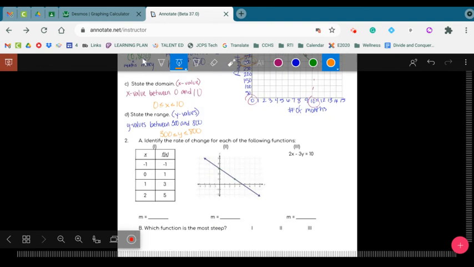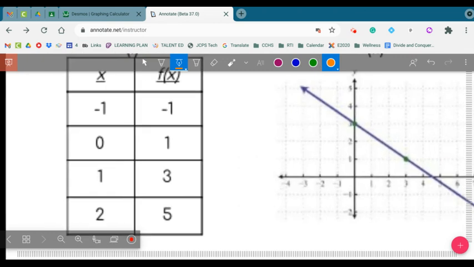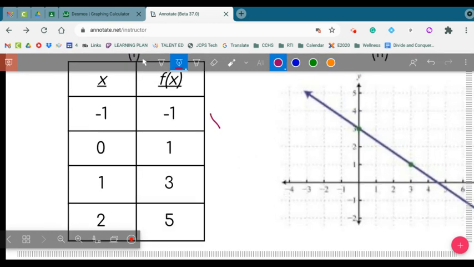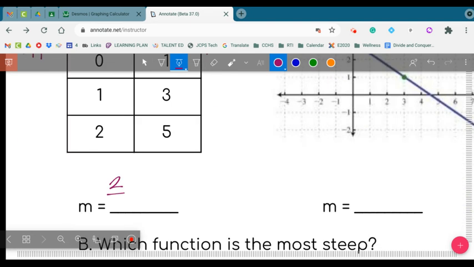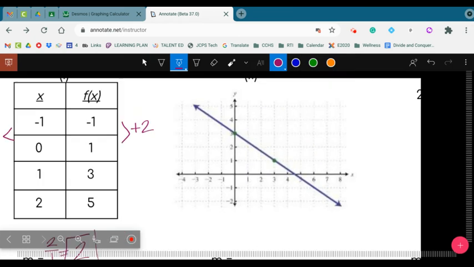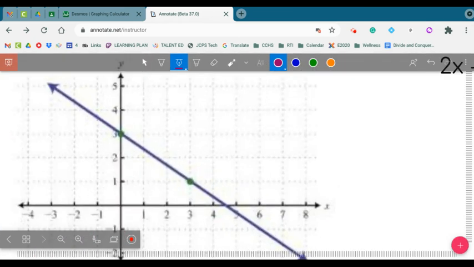Moving down to our last review where we have to find slope. It says identify the rate of change from the following and determine which one is the most steep. So if you remember from our table, change in y, we're going up by 2. Change in x, we're going up by 1. So we're going to do 2 over 1, which equals 2. How do we find slope?